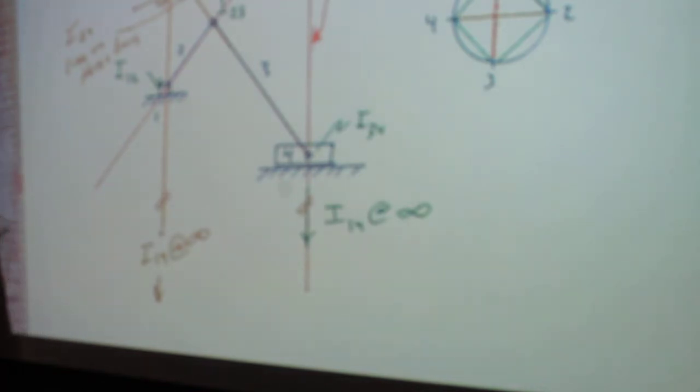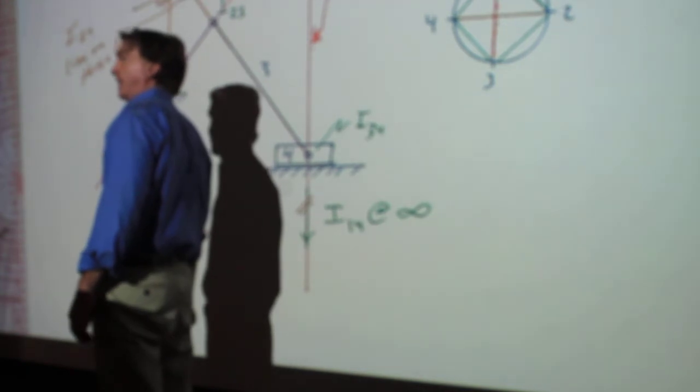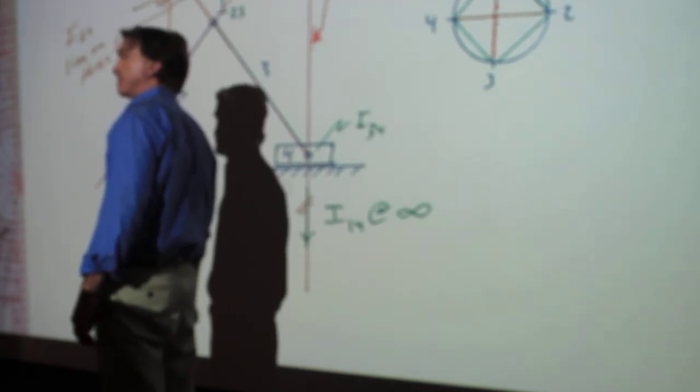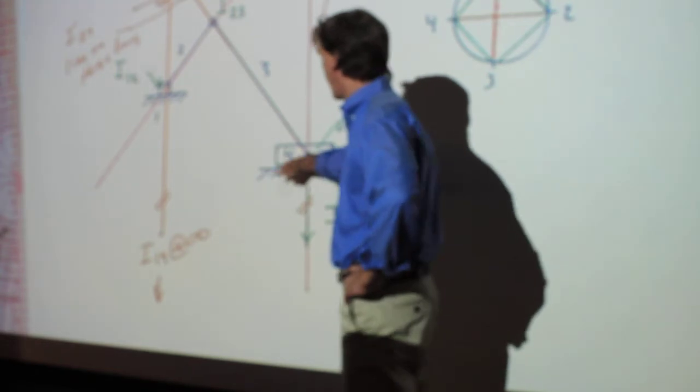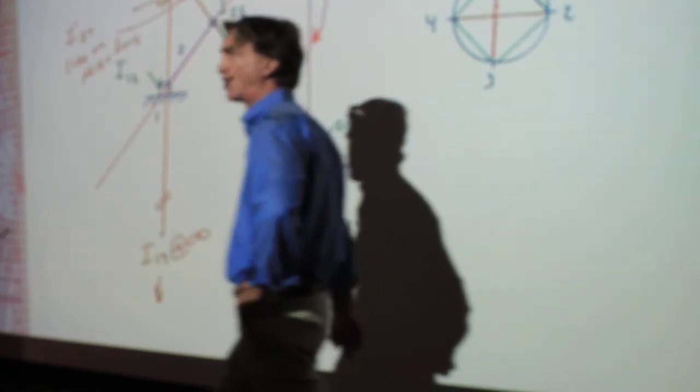Yes? So with I14 at infinity, it doesn't matter where at infinity? Because you said it has to be a vertical line. Yeah, so I14 is way off there at infinity or way down here at infinity. But doesn't it just have to be somewhere between 1 and 4? It doesn't have to be below 4? Because I know the direction of travel, this line has to be perpendicular to the line of travel.